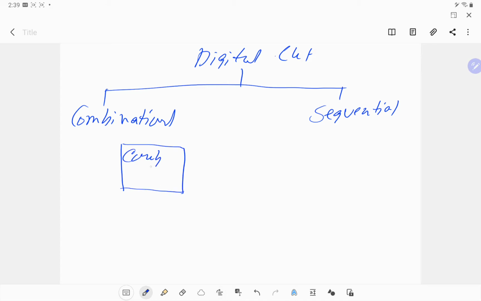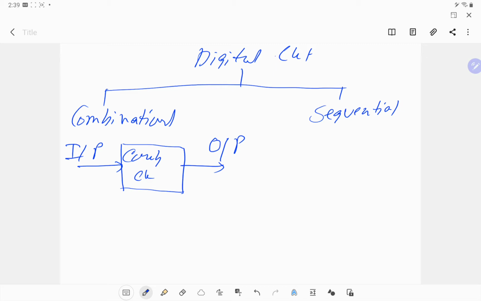It has some input and corresponding output, meaning that for every combination of input there is a corresponding output. That's why these circuits are called combinational circuits.